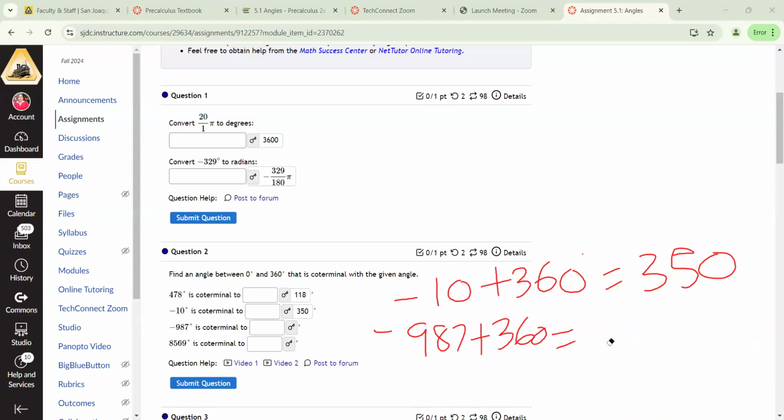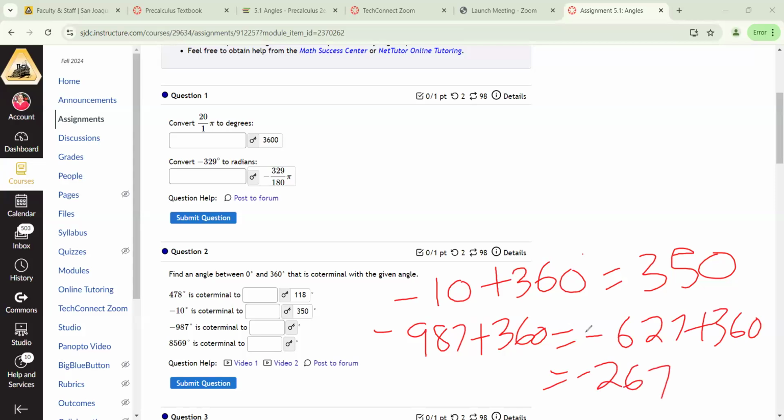Yeah, it's 93 degrees. So when I did 360, I added to 987. 360 minus 987 is negative 627. Then I was supposed to add another 360. And then when I do that, I get negative 267.